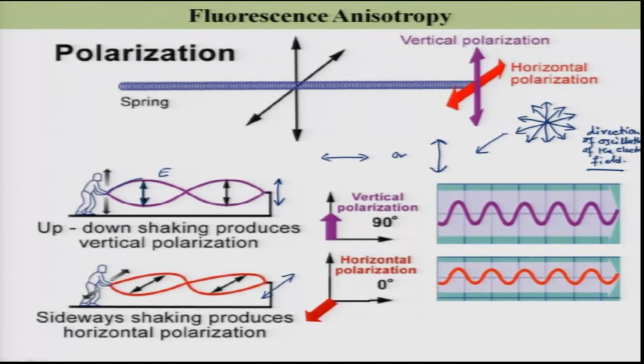But if you can do something so that the electric field is oscillating only in this direction, or only in this direction, and the direction of propagation of your light is out of this plane, then you will get a different type of light, called polarized light. In the first case, you get vertically polarized light. In this case you get horizontal polarization, or 0 degree.